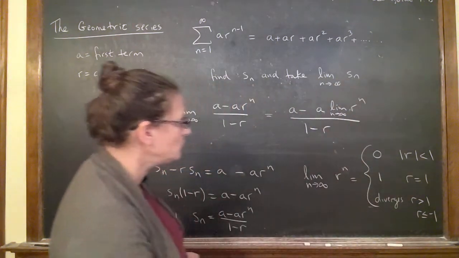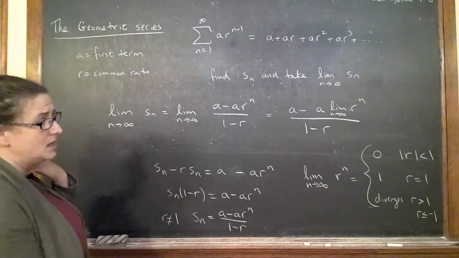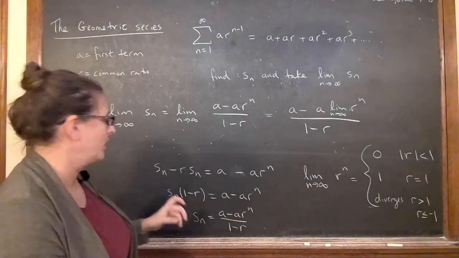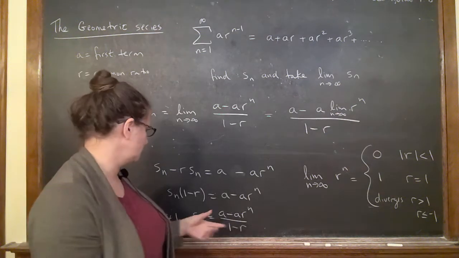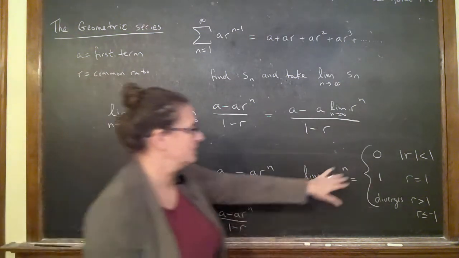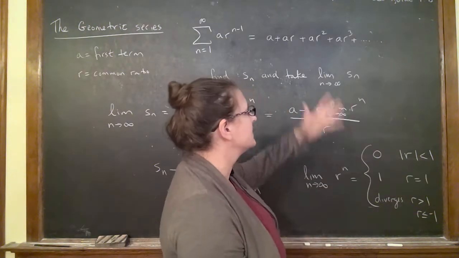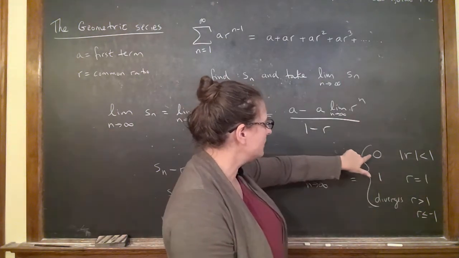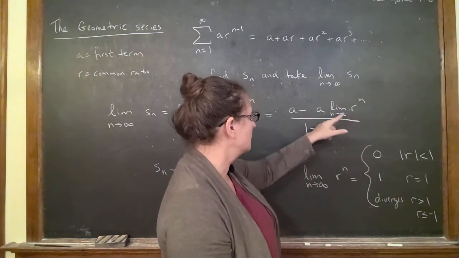Okay, so this tells me something about this limit. First of all, we don't care about r equals 1. We have to do that separately, because we didn't want to divide by 0. I have to do it later, but I'm not doing it right now. If absolute value of r is less than 1, then this goes to 0.